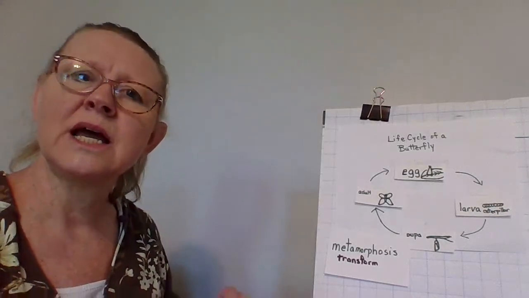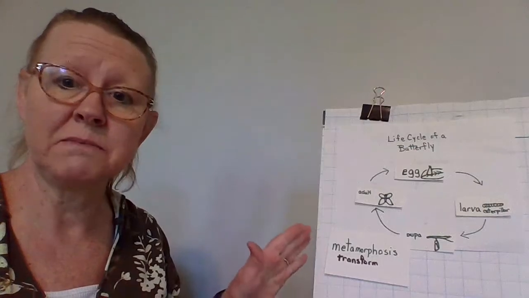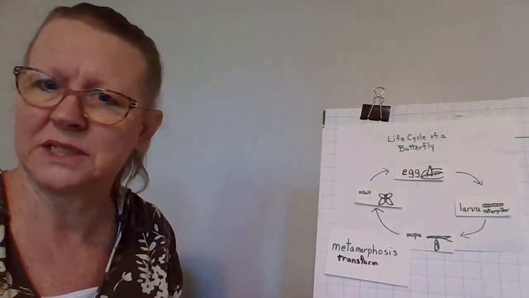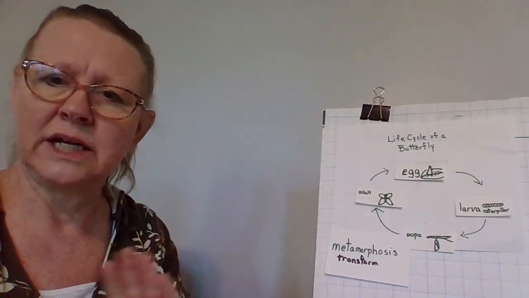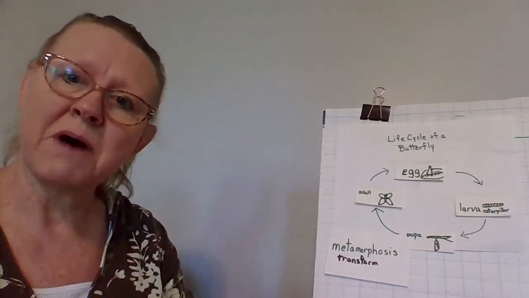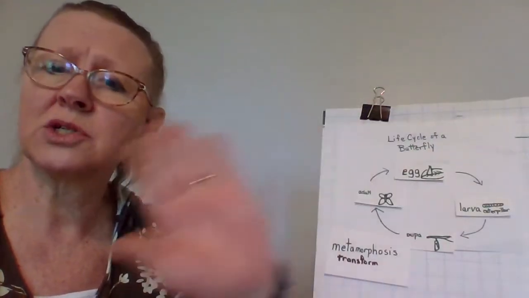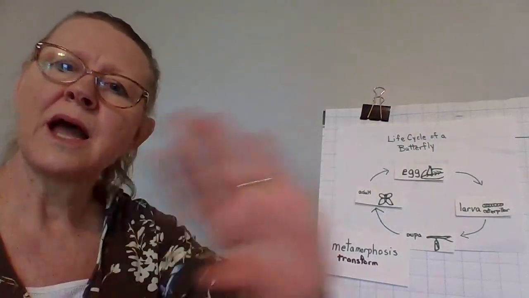Now, just like any other animal, its life cycle varies depending on the species. Some butterflies only live a couple of days. Some live for long periods of time, and they migrate from one country in South America to North America and back again.